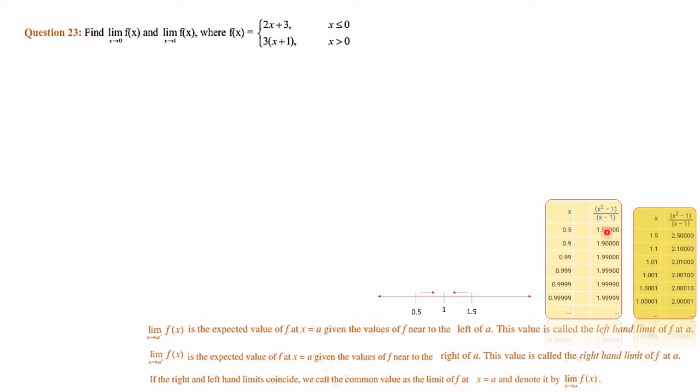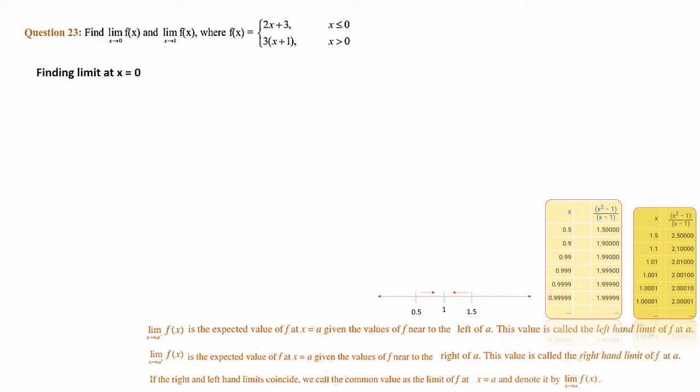Here both the values are approaching towards 2. So we have learned that limit x tends to 1, x square minus 1 by x minus 1 is equal to 2 in that case. Here we denote it by limit x tends to a f of x. This is a common notation. And this is the basics we are going to apply here.